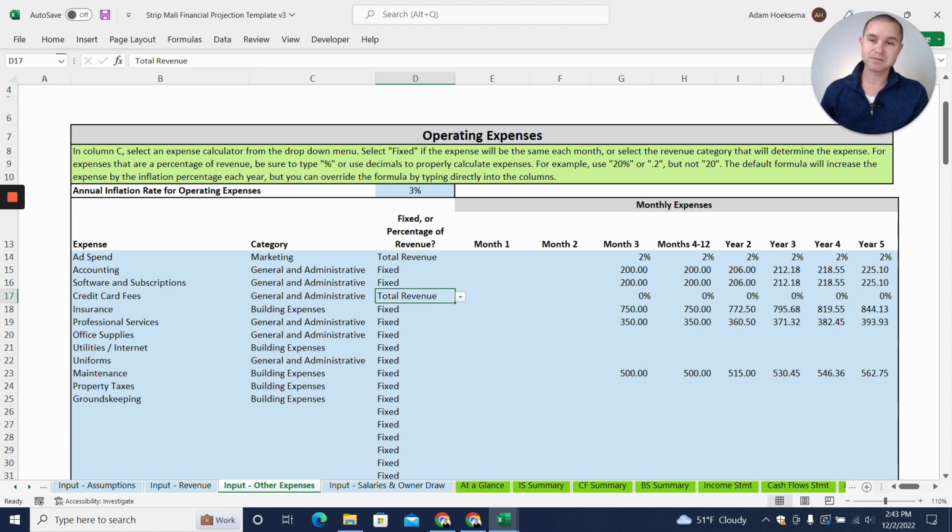If you accept rent via credit card, you may have a credit card fee that's a percentage of total revenue. We're going to assume that maybe we do ACH or check, and so we don't have credit card fees. We've got maintenance expense for the building. Maybe this is a triple net property, so you have very few operating expenses. That is kind of the assumption here.